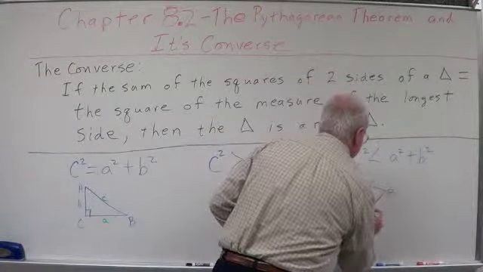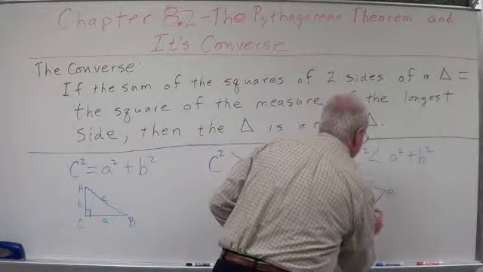So when that happens, c is longer than it needs to be for a right triangle, and it spreads those a and b apart. And now you have what kind of triangle? You have an obtuse triangle.